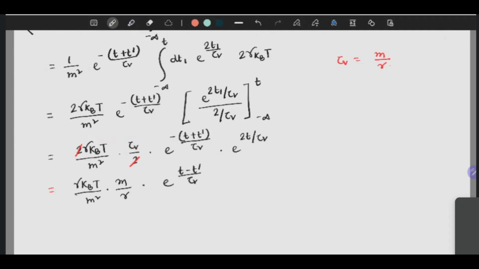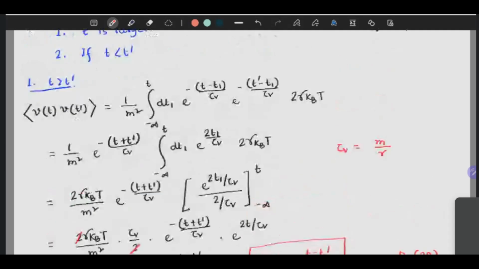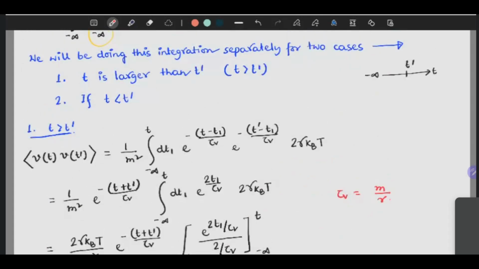So from here you can easily write, one m cancels out, gamma gamma cancels out, so kbt by m e to the power (t minus t prime) by tau v. So this is one relation. Remember, this is for when t is greater than t prime.